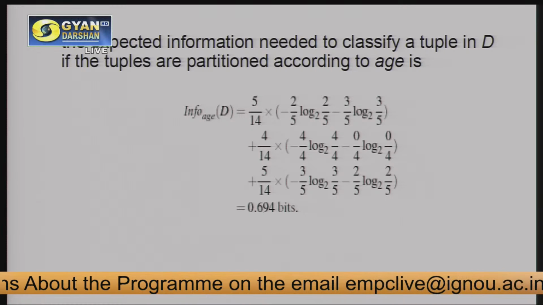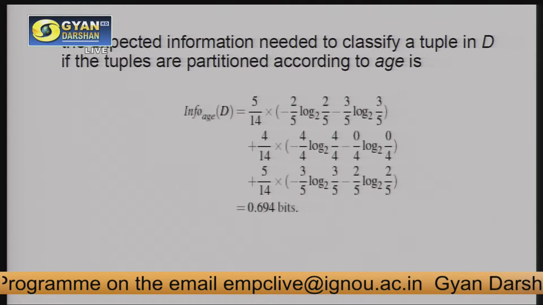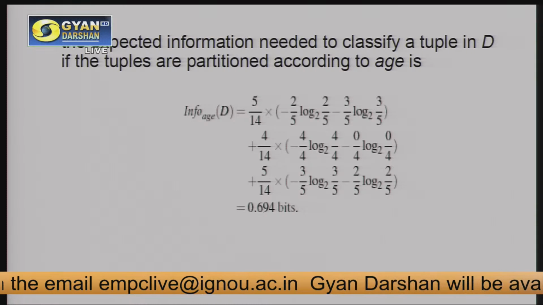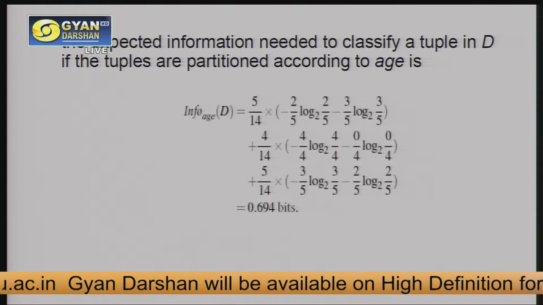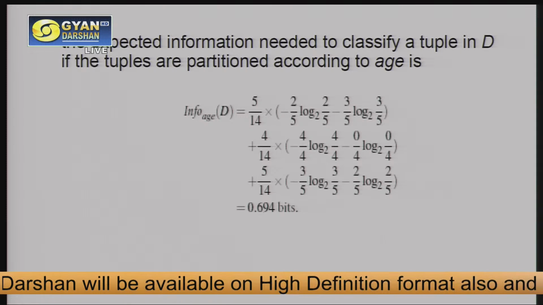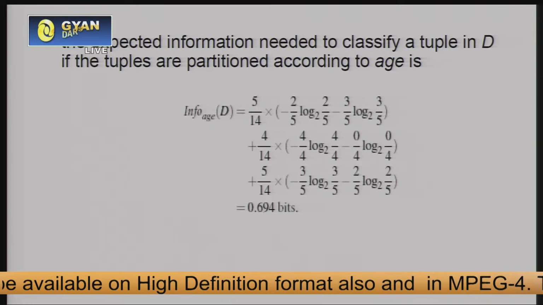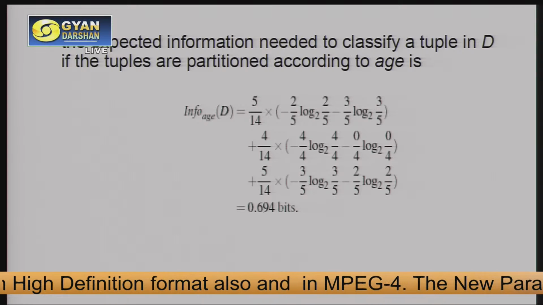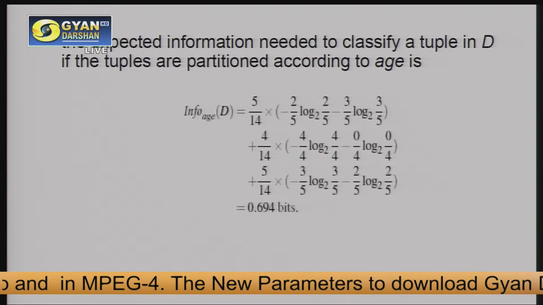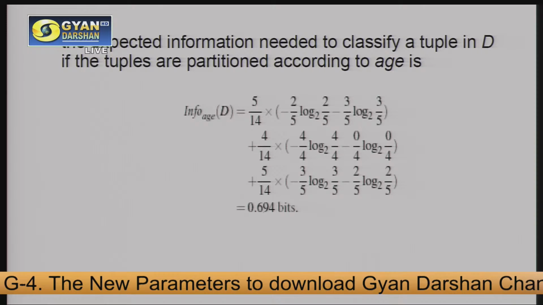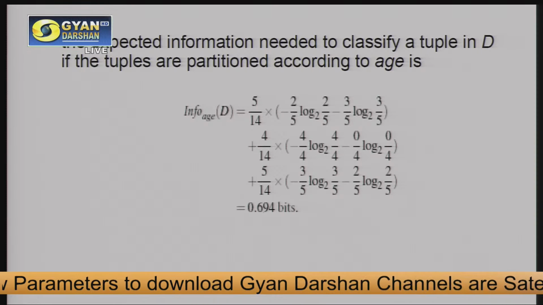And log base 2 of 2 by 5, minus 3 by 5 for the 3 tuples which belong to the category no out of these 5 tuples. Similarly we have to calculate for the middle age. We saw that there are 4 yes in the middle age and 0 tuples for the no category.